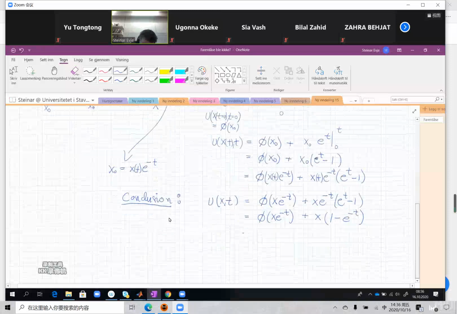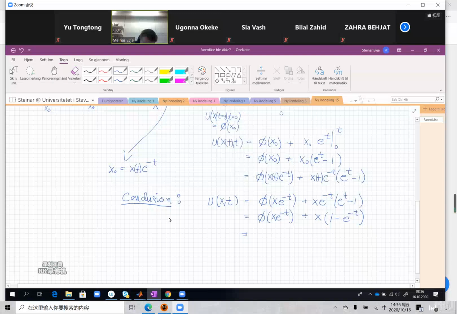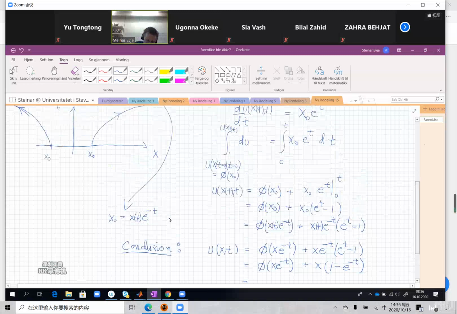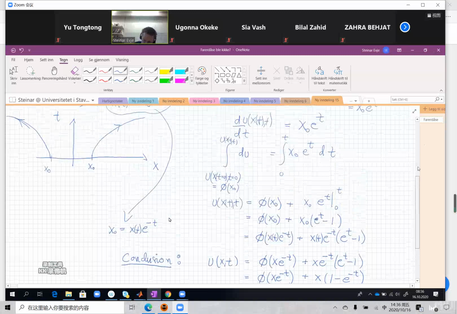And finally, we can now also insert the expression for phi, because we have been told that phi of x is the cosine of 90 with argument 90 multiplied by x.